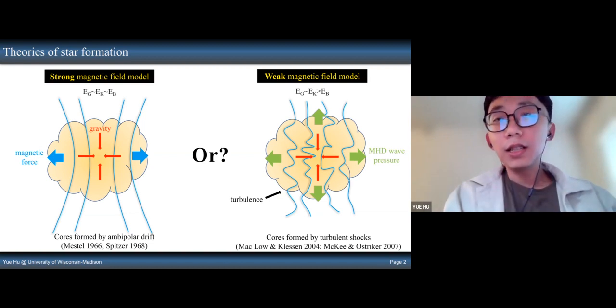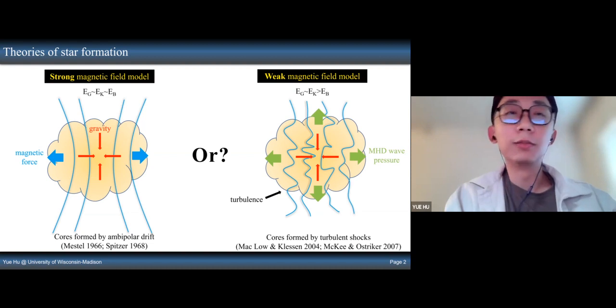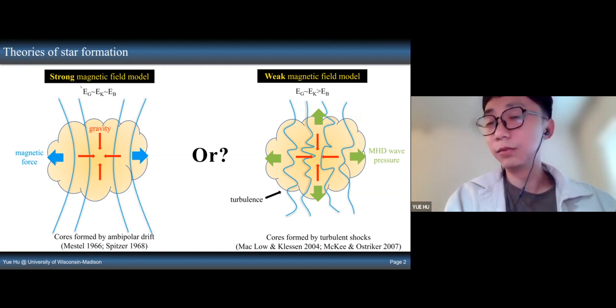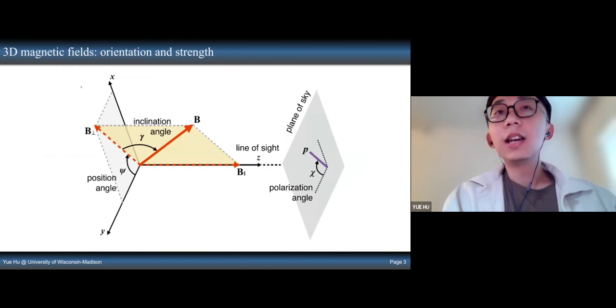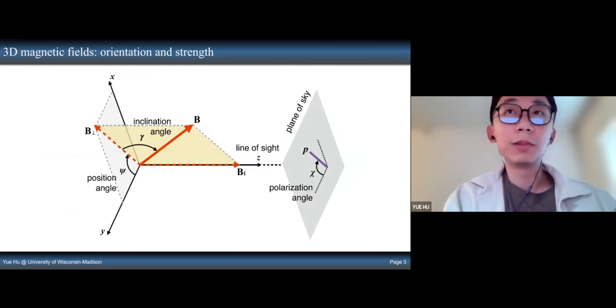But until now, we are not sure which model is more realistic or more accurate, because we don't have sufficient magnetic field information. In order to answer this question, we need to know the magnetic field, and especially not a two-dimensional magnetic field, but a three-dimensional one. Typically, the magnetic field on the plane of sky, the XY plane, can be measured by polarization.